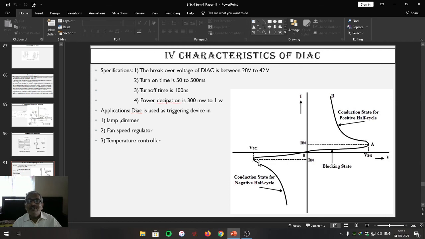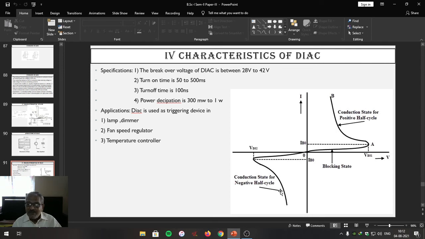Again, if supply voltage is less than VBO, it doesn't conduct the current, it is in blocking region. But when supply voltage becomes equal to forward breakover voltage, current through MT2 suddenly starts increasing. Characteristics are totally similar with each other, but one is in first quadrant and another characteristic will be in the third quadrant.